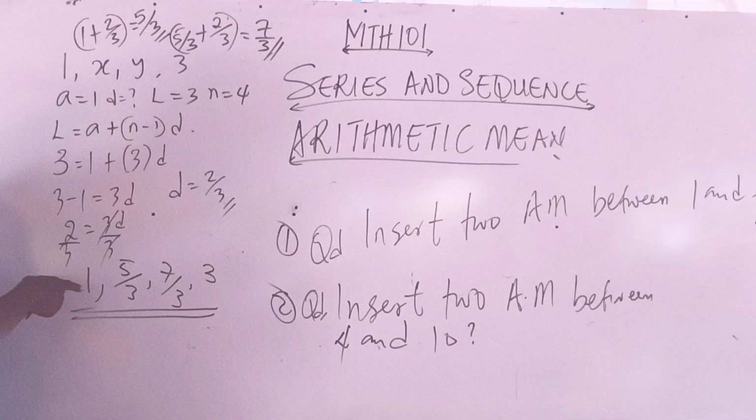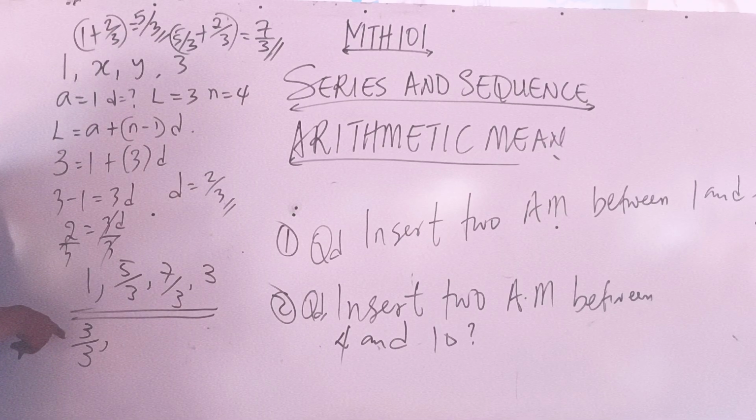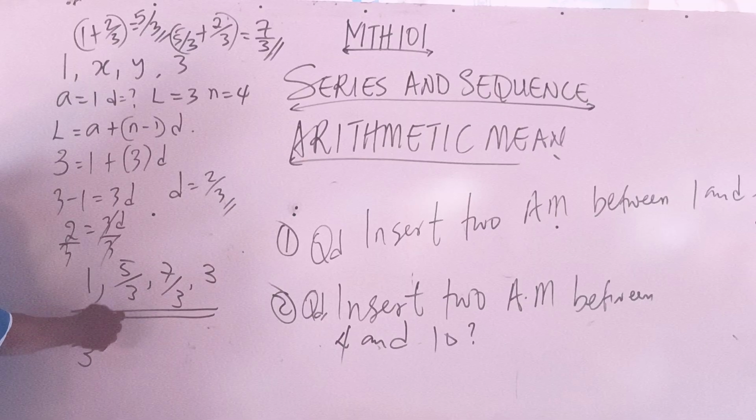Watch. Do you know that the progression of this particular number is 3 over 3? Are you with me? Look at it here. 3 over 3 is 1. Here is what? Say 5 over 3.